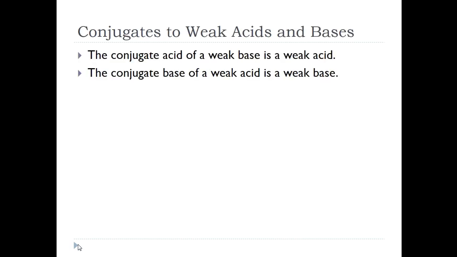In terms of definitions, any weak acid has a conjugate base. Its conjugate base is just its version after it donated the proton. And a weak base, when it accepts the proton, has now become a weak acid.